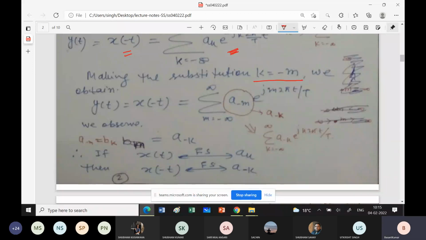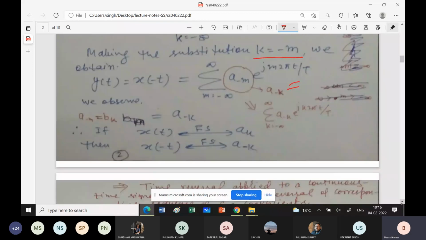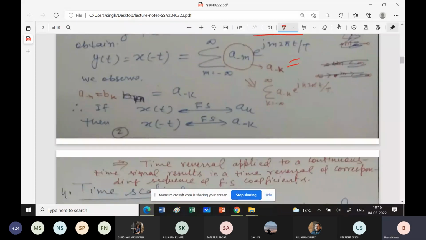and we just make this substitution, then we obtain this kind of expression, and ultimately what we observe is that a minus m is equal to bk.